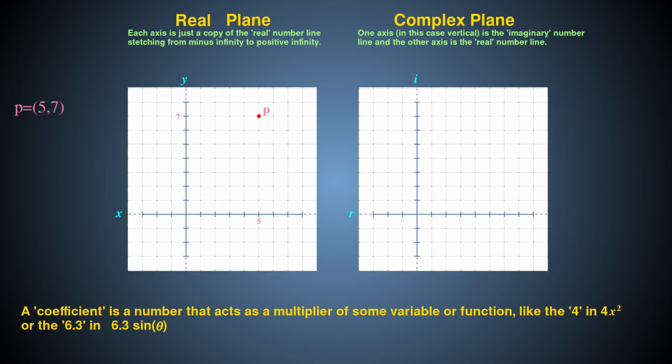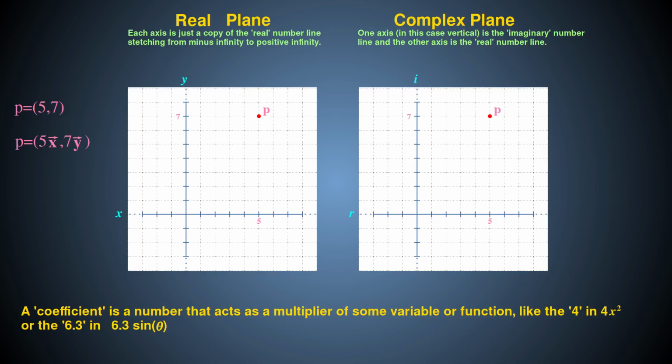So, if we were to express this coordinate point fully, we would instead write 5x, 7y, where x means a unit vector pointing along the positive x direction, and y means a unit vector pointing along the positive y direction. However, by convention, we usually don't write in the x and y. We just all agree to take it for granted that that's what the 2 numbers refer to. So we just write 5, 7 as a kind of mathematical shorthand.